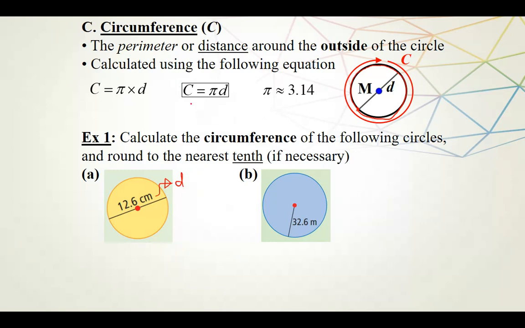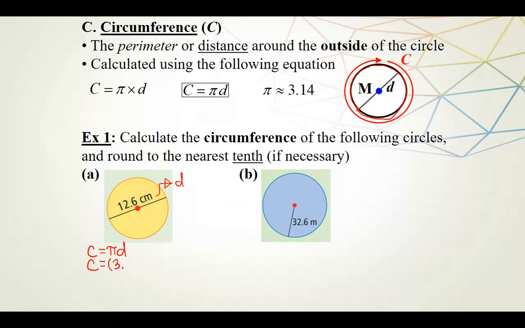Because of that, I can just simply use this equation that I've identified. So we'd have circumference is equal to pi times diameter. And we'll use my three-step procedure here for showing work. Step one would be write down the equation. And then step two would be substitute in these symbols or variables with the correct numerical values.